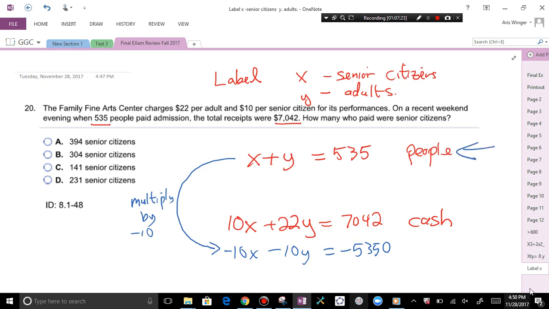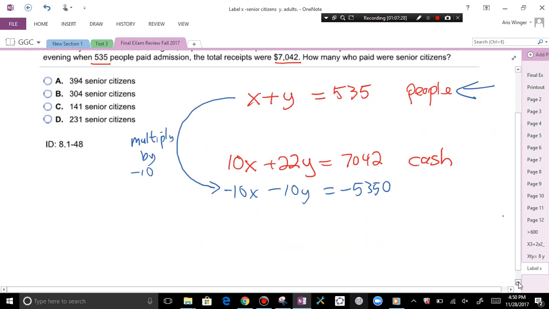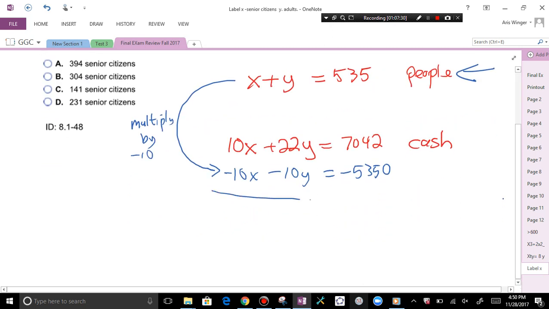So I changed this equation, I changed the people equation, for the purpose of now just adding these two equations. When I add them, something nice happens. The X gets eliminated, Y lives on its own.